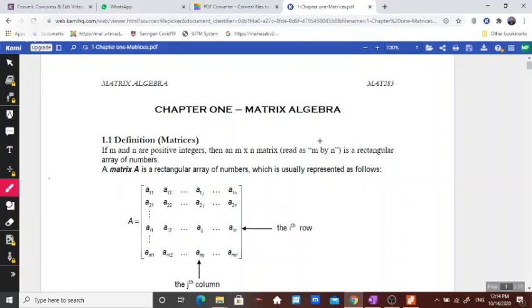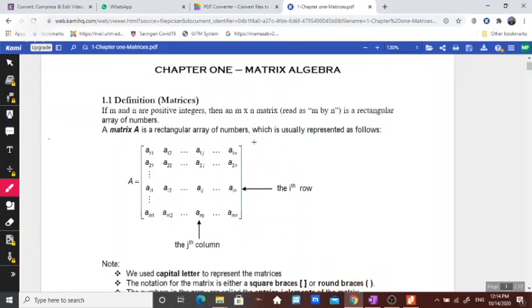In this video, we show you the first chapter of MAT 25, which is matrix algebra. So we look at the definition of matrices. The definition of a matrix: if M and N are positive integers, then an M by N matrix is a rectangular array of numbers.